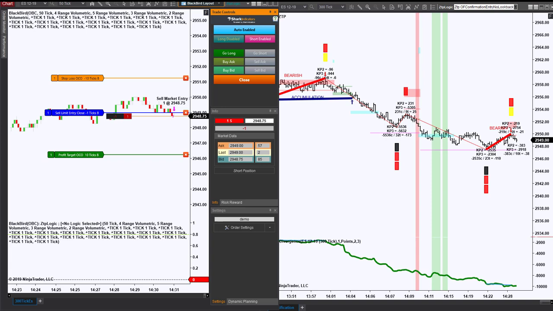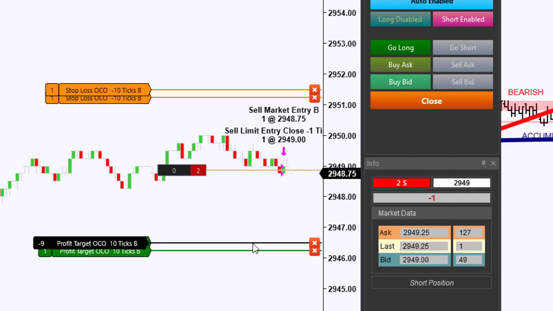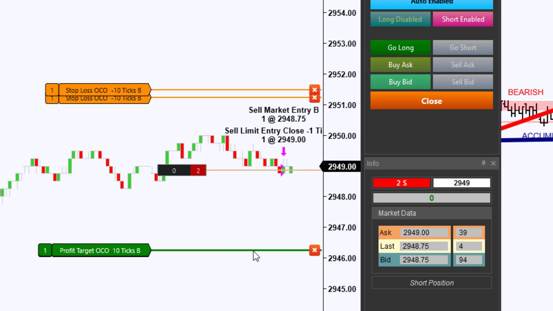You see that we now have our first market order filled. We're trying to get our limit order filled, and we now have both orders being filled. In this case, we got a better price on the limit order, so we'll go ahead and use ChartTrader to move both of our targets down to the original 10 tick mark.